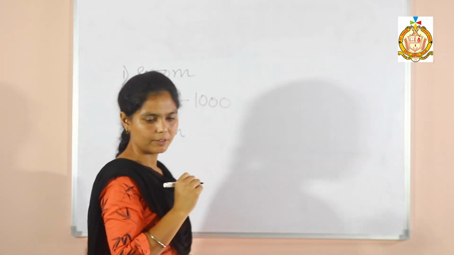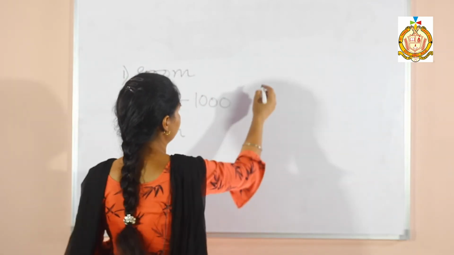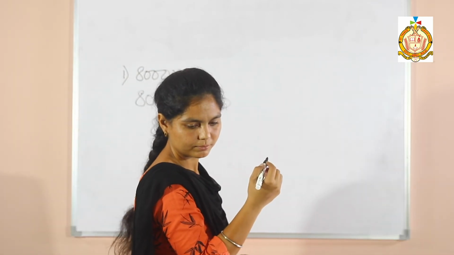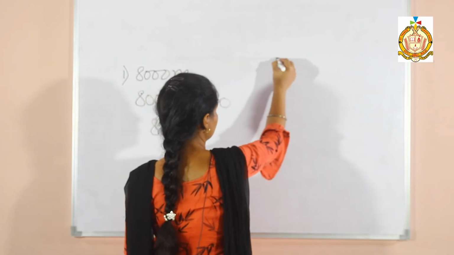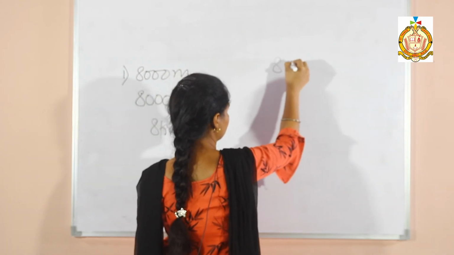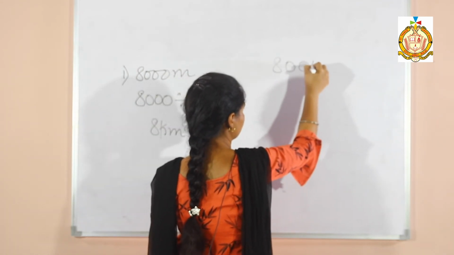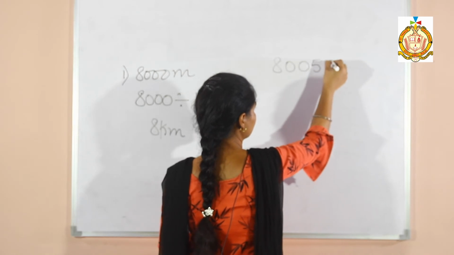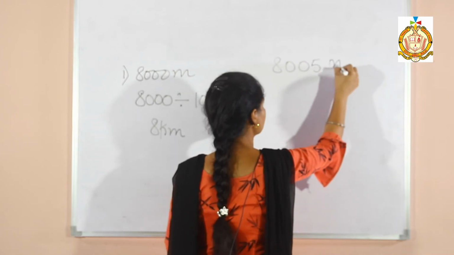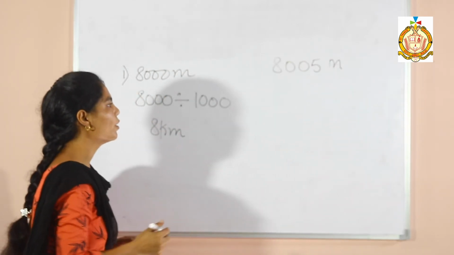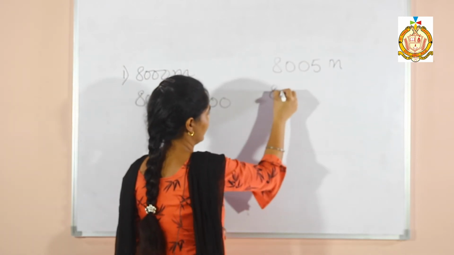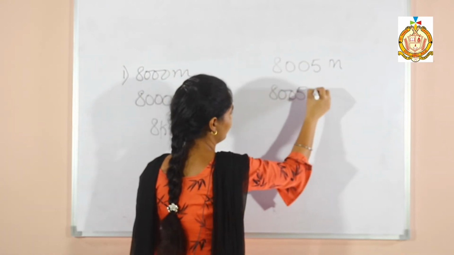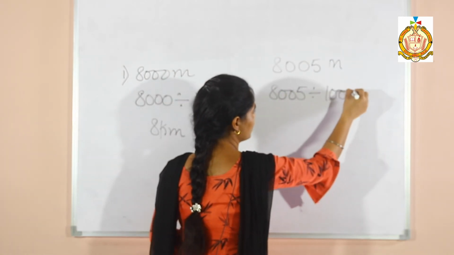In the same way, another example. 8,005 meter. Divide 8,005 by 1000.